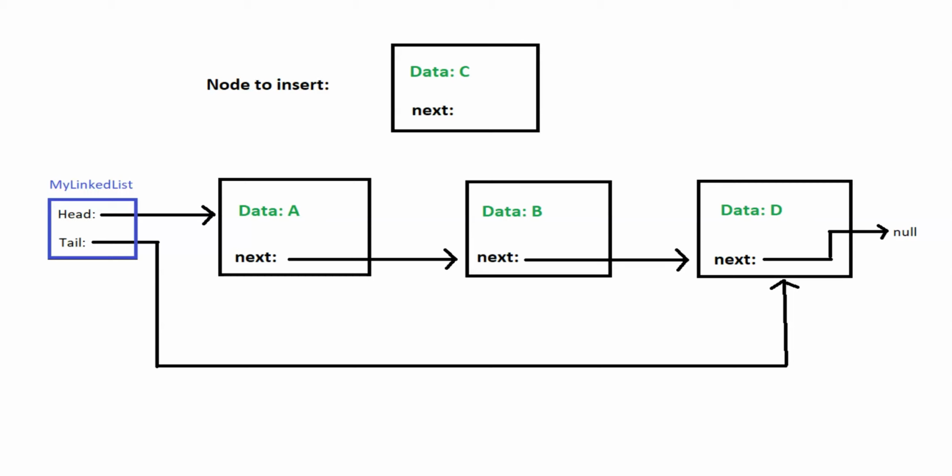Even if we weren't sorting it in a particular order, a lot of the time, if we're going to insert into a linked list, we have to specify the node in that list that we want to put it after. So you can think of this as saying insert in my linked list after node B here. Basically we want to make it so node C is put in between node B and node D.